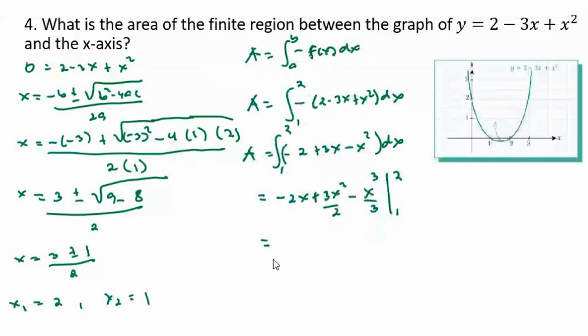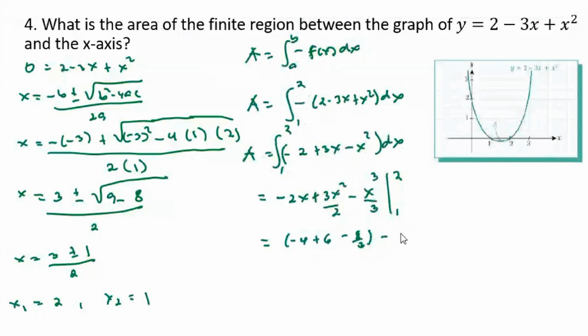By using the fundamental theorem of calculus, negative 2 times 2 is negative 4, plus 3 times 2 squared. 2 squared is 4, times 3 is 12, divided by 2 is 6, minus 2 cubed is 8 divided by 3, so we have 8 over 3.